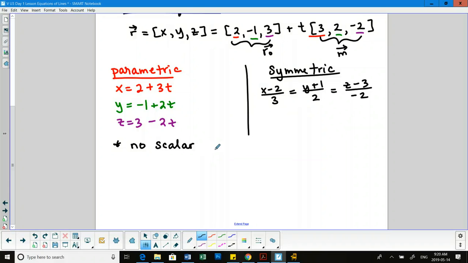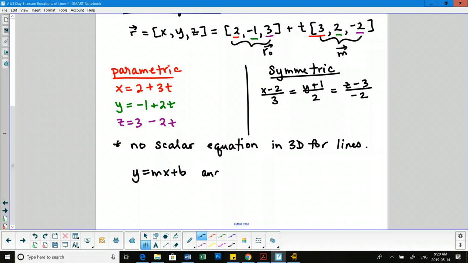So no scalar equation for 3D vectors. y equals mx plus b and ax plus by plus c equals 0 are representations for lines in 2 space only.